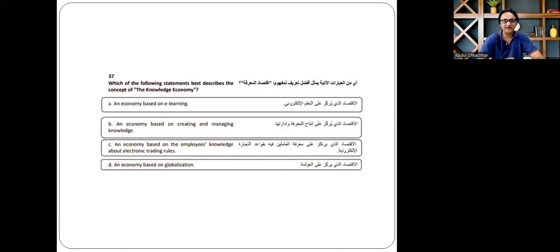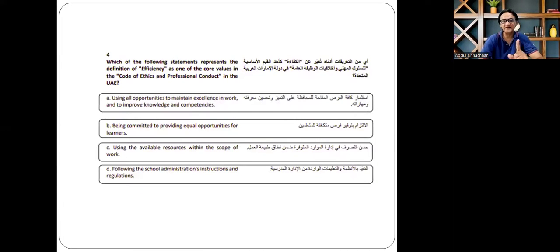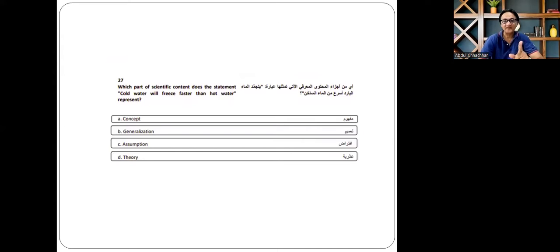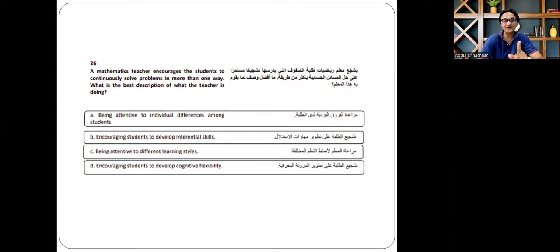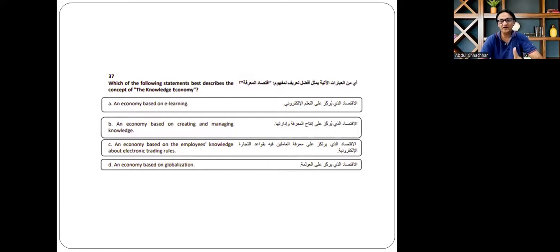Okay. And the last one, which of the following statements best describes the concept of the knowledge economy? Now, again, all these questions are talking about the meaning of the words: knowledge economy, meaning of not stipulated, meaning of efficiency. These three questions are talking about the meaning. So if you have good English, you can easily answer them.